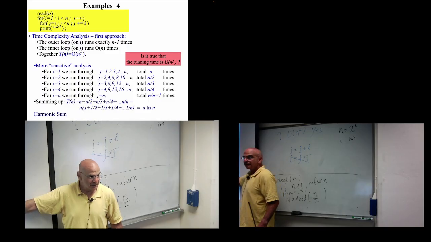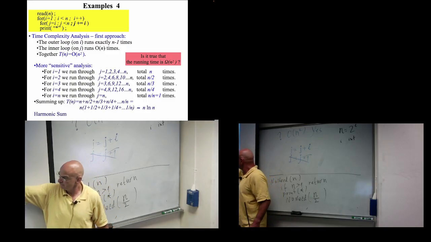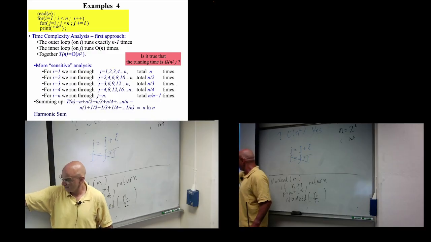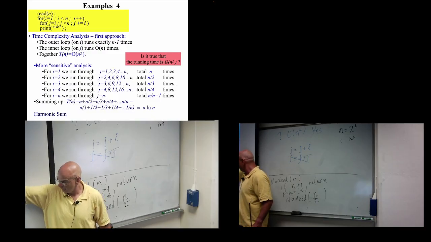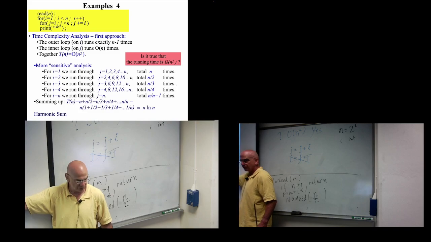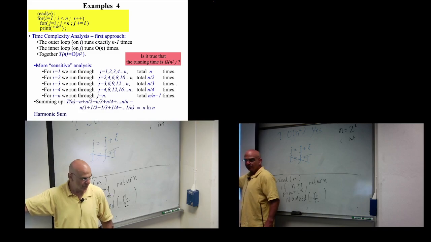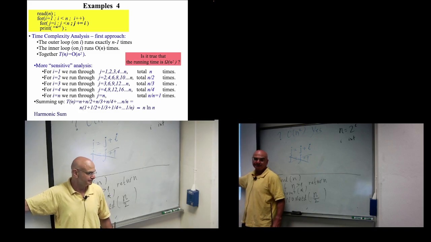How many stars did I print altogether? n plus n over 2 plus n over 3 plus n over 4 plus dot, dot, dot, which are missing here, all the way up to n divided by n.